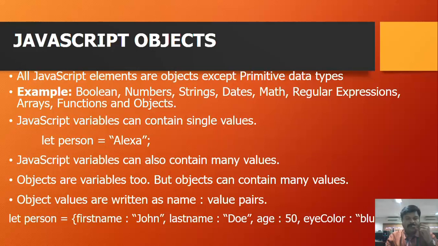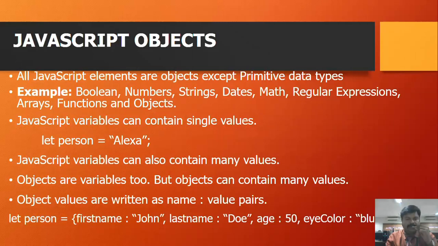If we want other values, such as the model of the car, the type of the car, and the value of the car, JavaScript variables can also contain many values. Objects are variables too, but objects can contain many values. Object values are written as name colon value pairs.